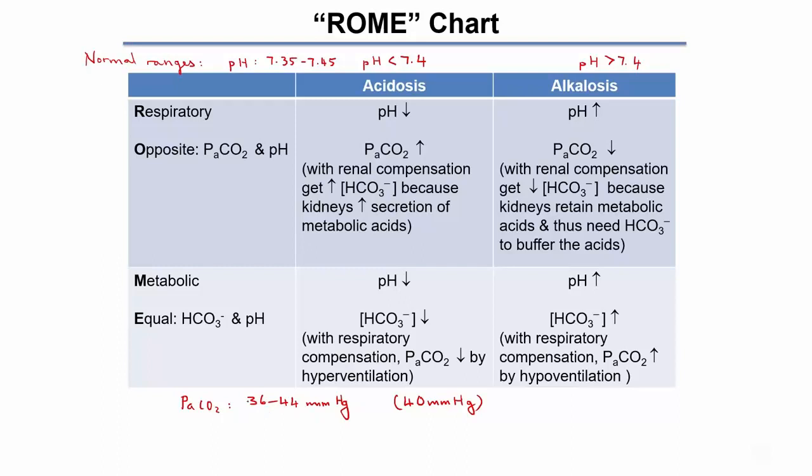Yes, 38 is in the normal range, but when solving these problems, we work off a single number. Similarly, for bicarbonate, it's 22 to 26 milliequivalents per liter, but we work off a single value, 24 milliequivalents per liter. If it's less than that, it's below normal. If it's greater, it's above normal.